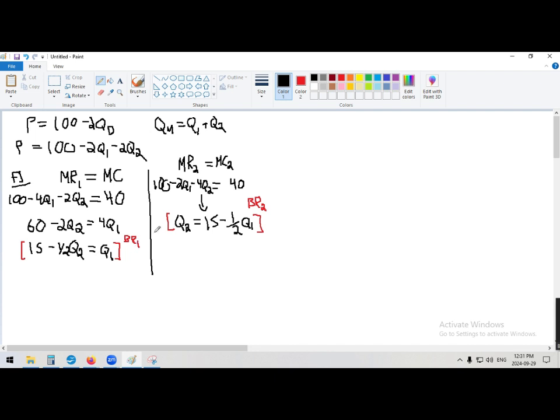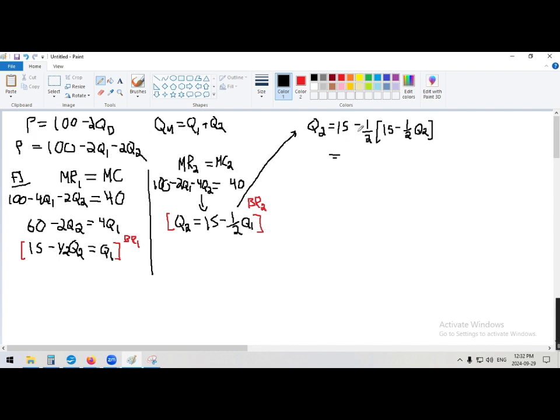So now that we know how firm 1 reacts to firm 2 and firm 2 reacts to firm 1, we can plug these into each other. We say, okay, for Q2, that's going to be 15 minus a half of Q1, and then Q1 is going to be 15 minus a half of Q2. So let's see here, what do we have?